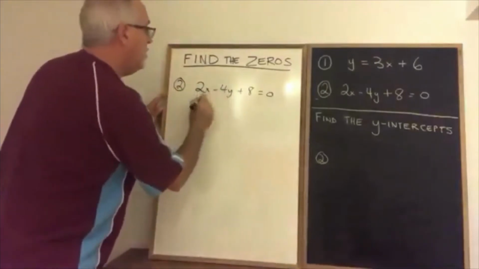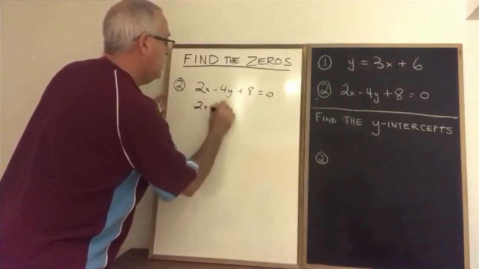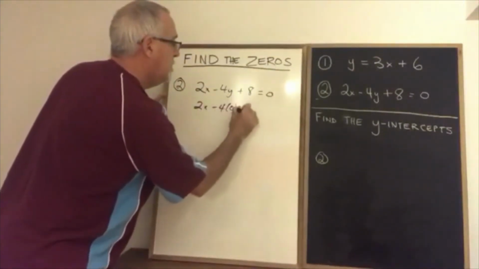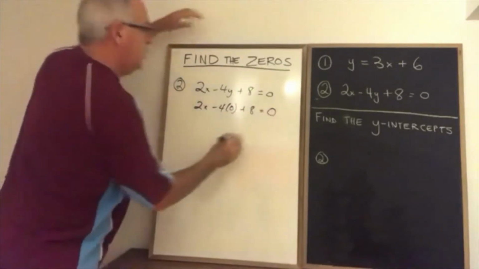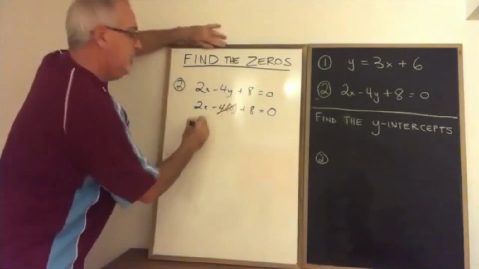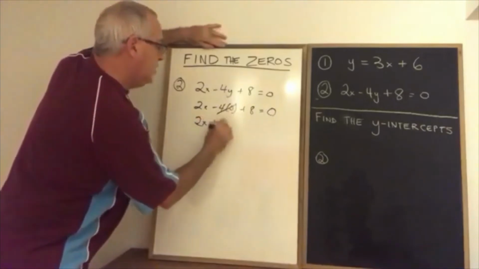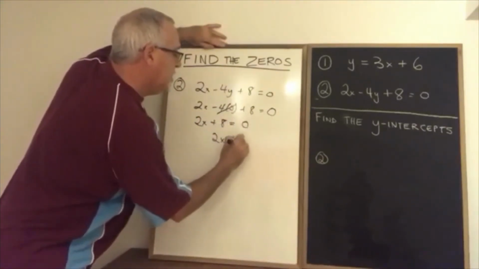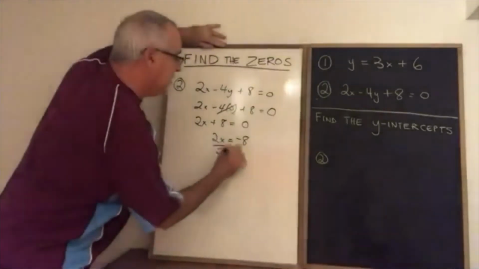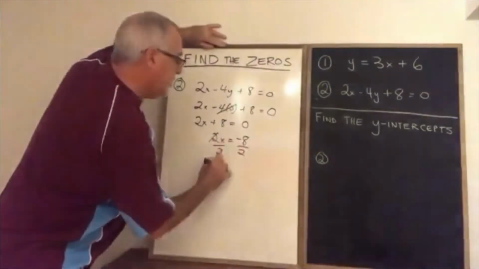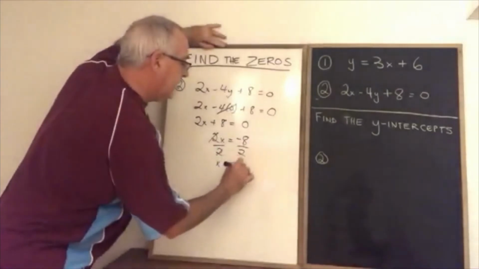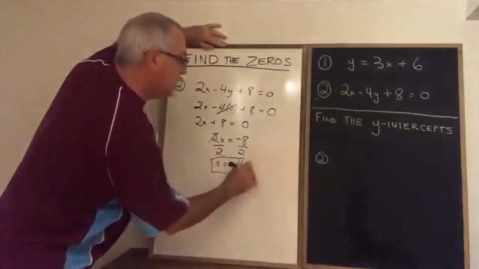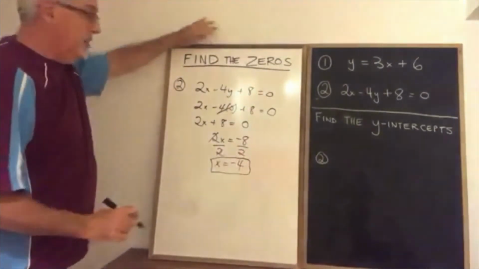So I replace my y with a 0. This cancels, and I have 2x plus 8 equals 0. 2x is therefore equal to negative 8. Divide both sides by 2, and I have x equals negative 4, which is the same answer that I had with the other method.